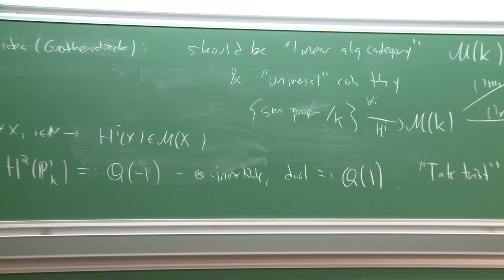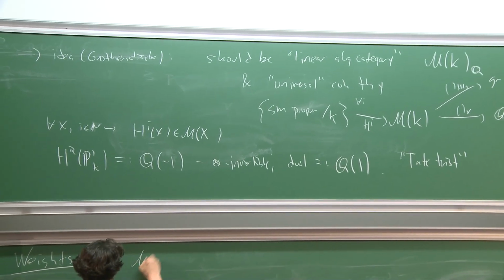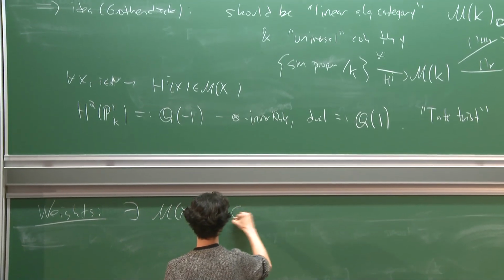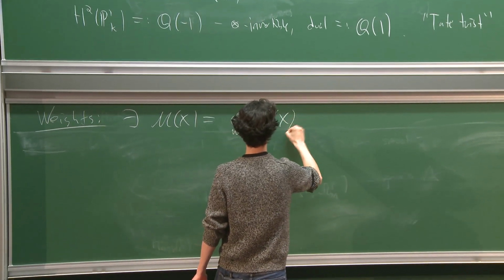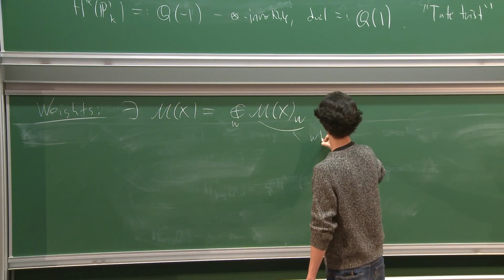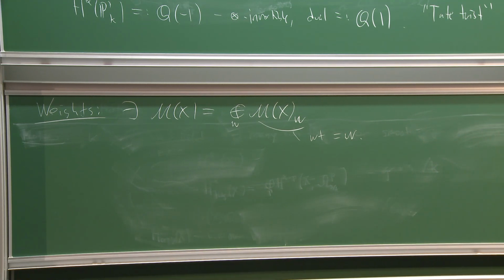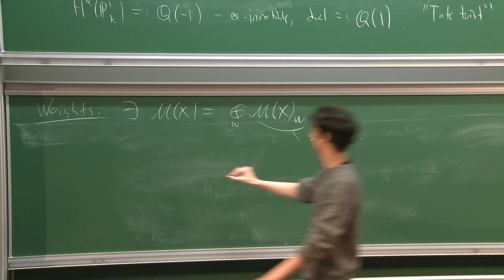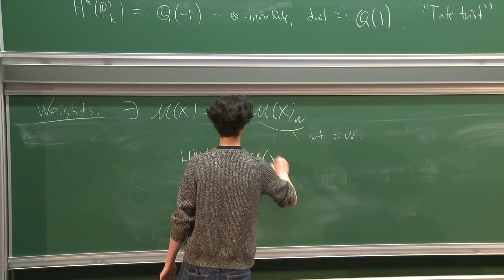There's supposed to exist a decomposition of this category as a direct sum over W of the objects of weight W. And it's supposed to have the property that H^w(X) always lies in this weight W summand.